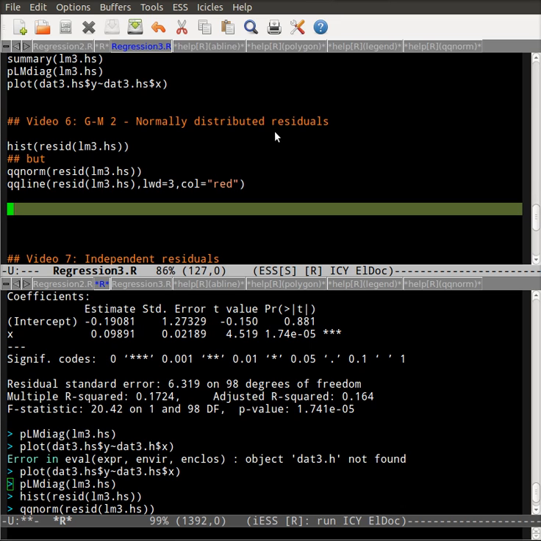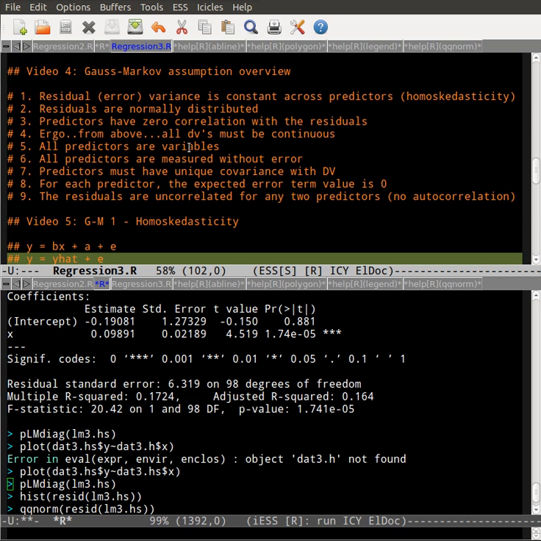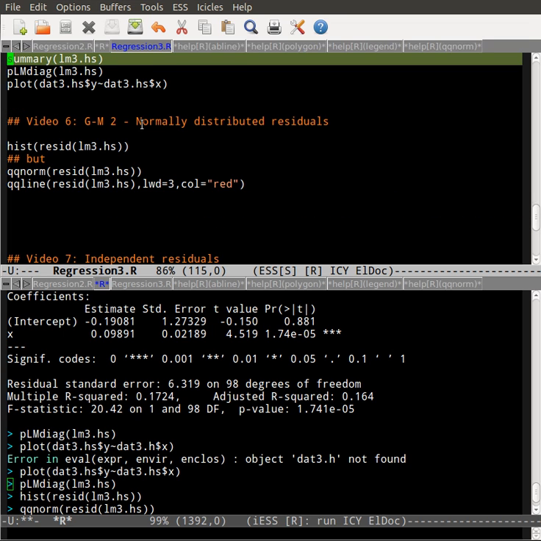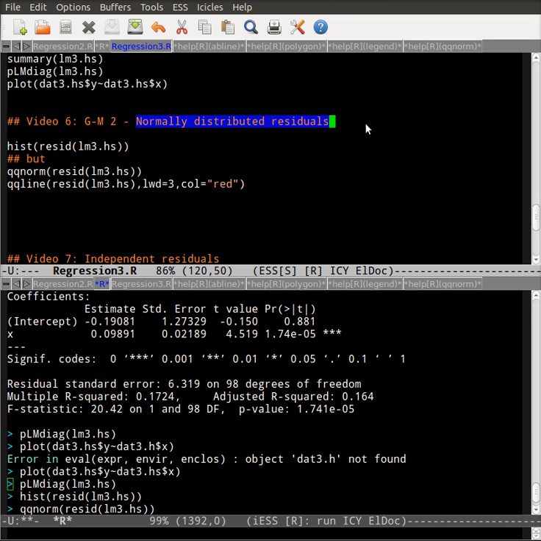I know that this is a complicated one, and I hit you with a complicated assumption right away, but I want to make clear that the distribution of residuals for homoscedasticity is different than the normal distribution, because heteroscedastic residuals can also be normally distributed.